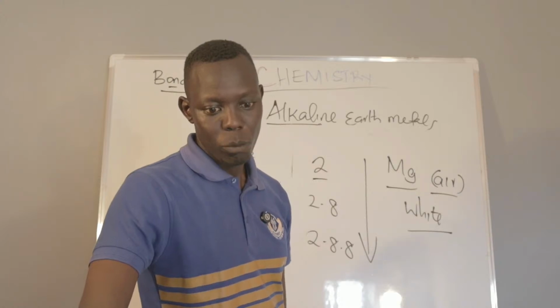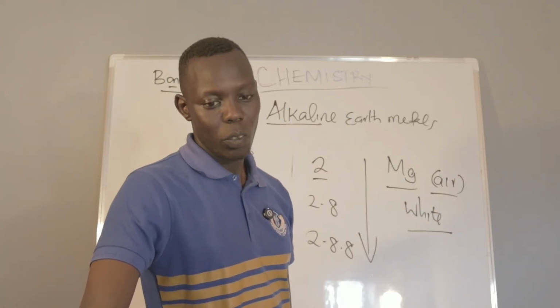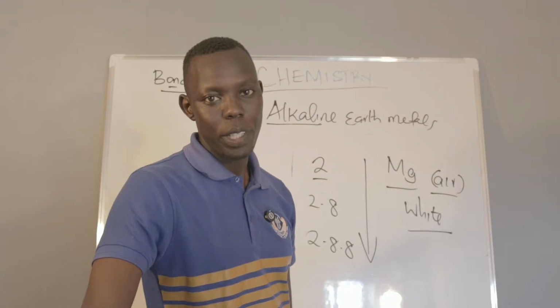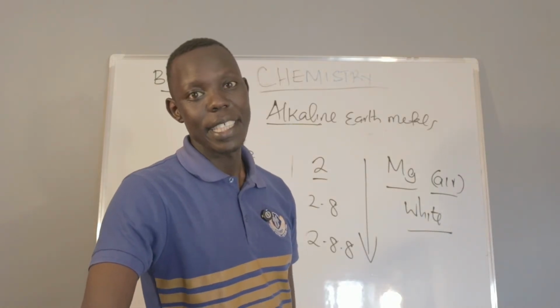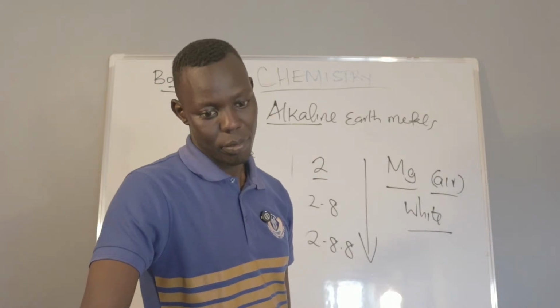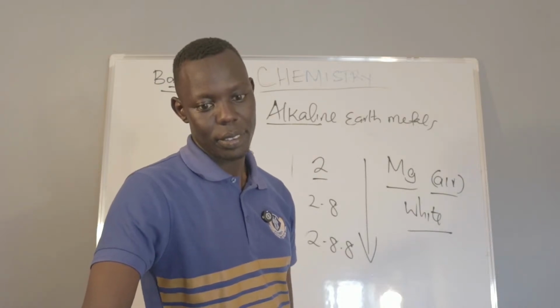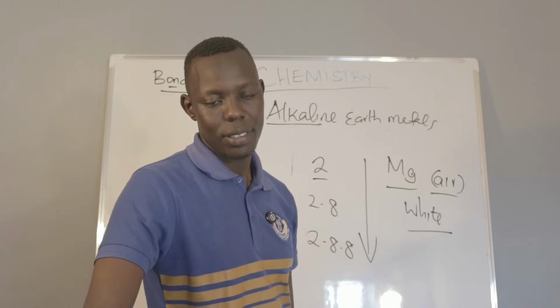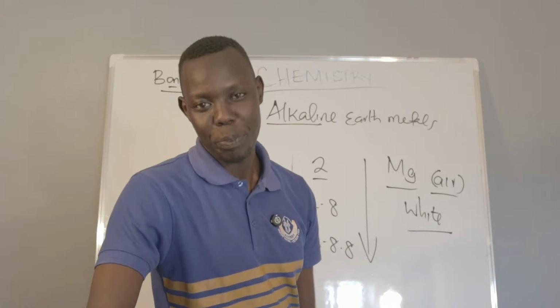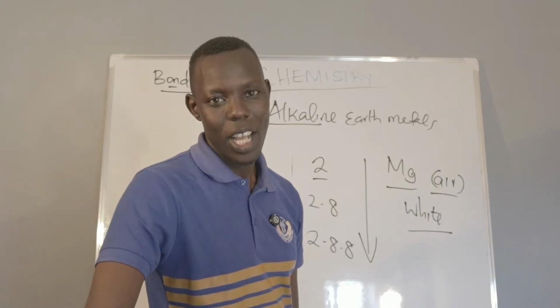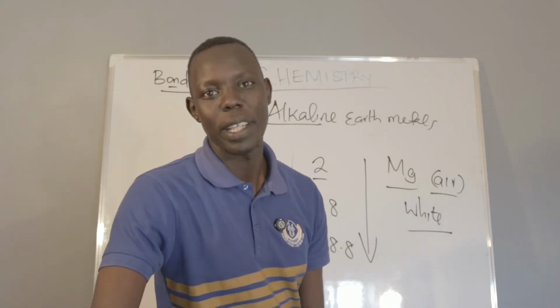Now, what is the product formed? Another question. What is the product formed when magnesium, calcium, or beryllium is reacted with steam? You take magnesium and react it with steam. What will be the product formed?